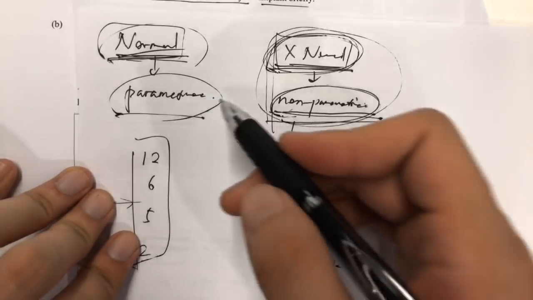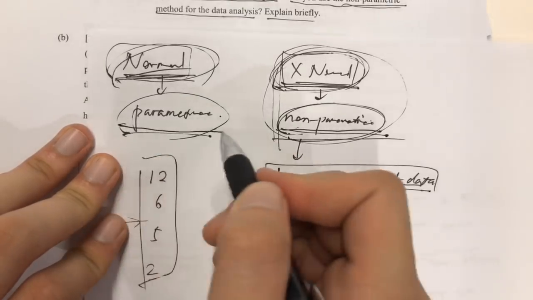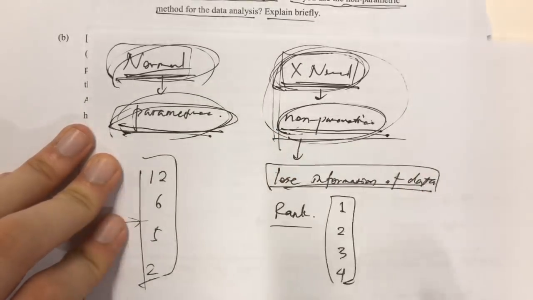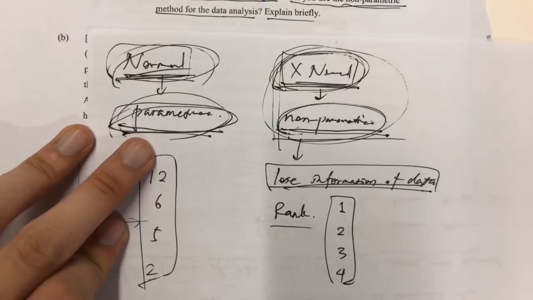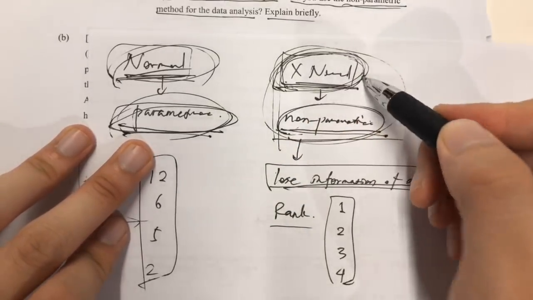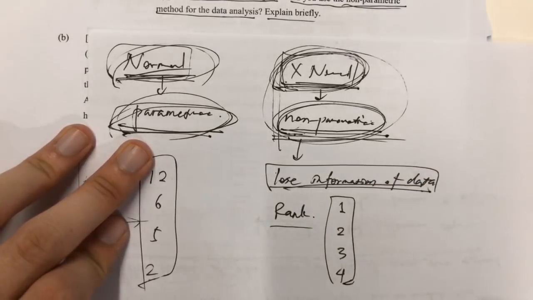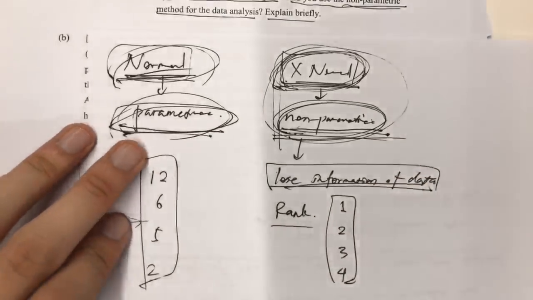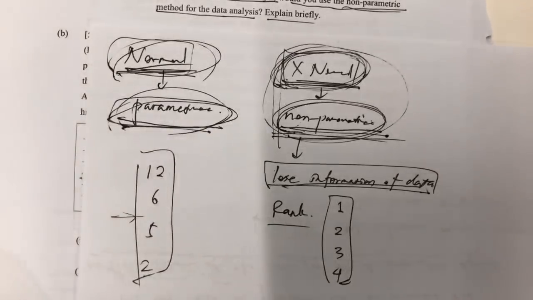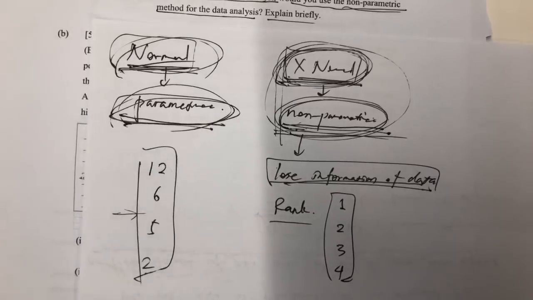Therefore, as long as the population follows a normal distribution, we will prefer to use the parametric results. Only if it is not normal do we have no other choice but to use the non-parametric test, okay?